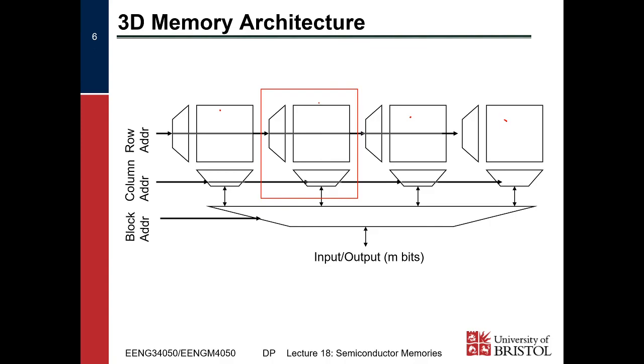And we can keep doing this. So eventually, when we get multiple terabytes of memory, we'll actually end up with 4D memory architectures where we've got a block, a column, a row, and maybe a bank or something like that of memory that we activate at any one time. So yeah, we can keep expanding the number of dimensions as our aspect ratio gets too big for us to manufacture.